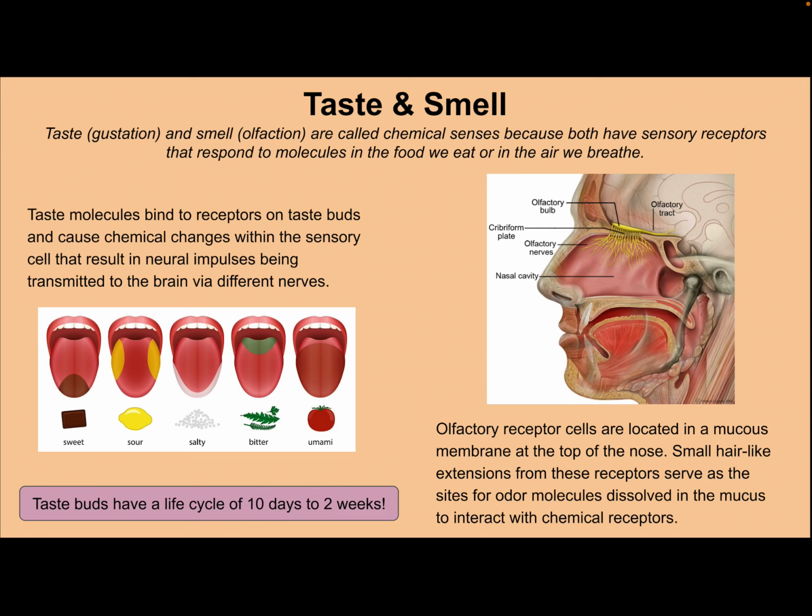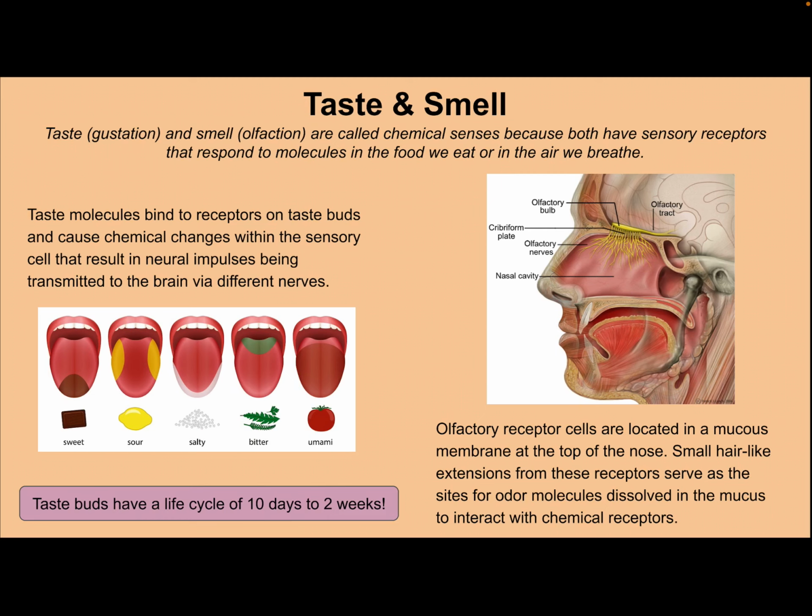Moving on to smell, the olfactory receptor cells, of course, are located in our nose. There are small hair-like extensions from these receptors that serve as the sites for the odor molecules dissolved in our mucus to interact with the chemical receptors.